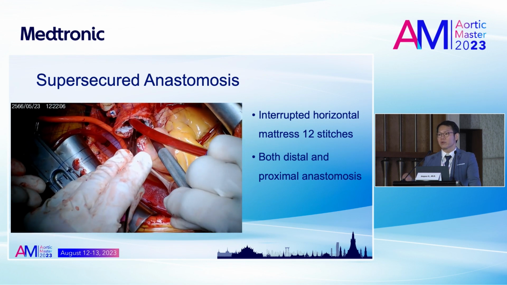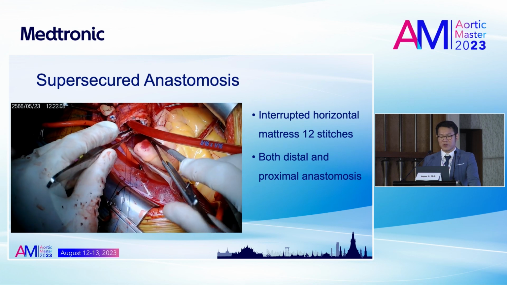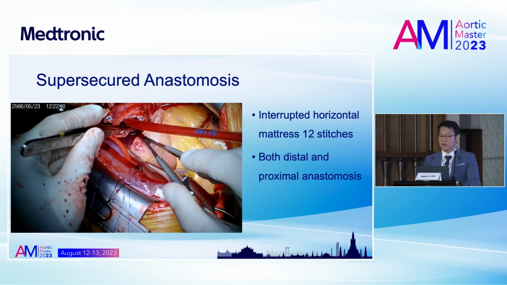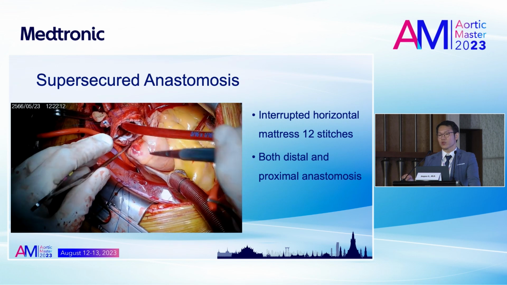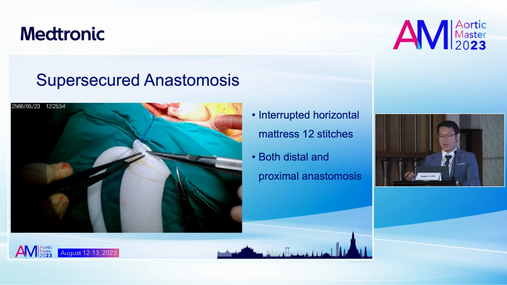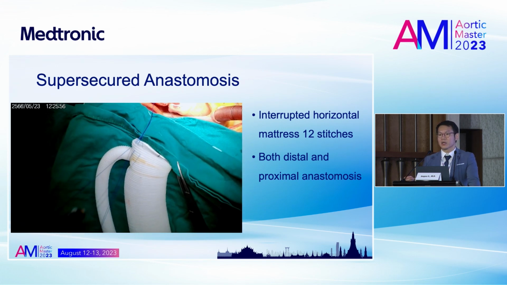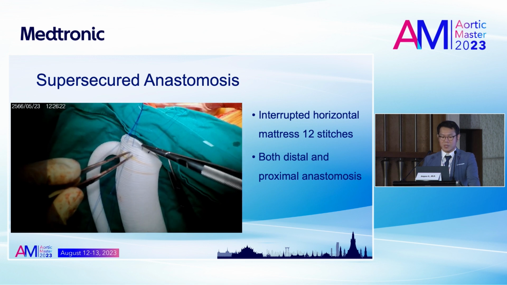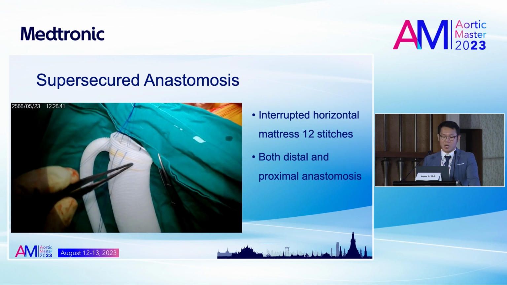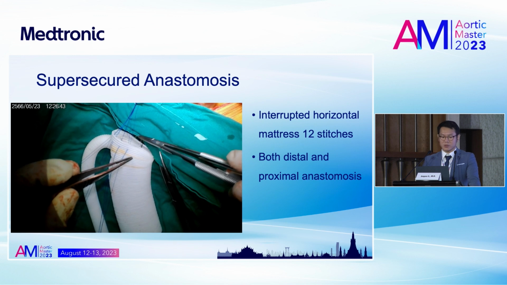So normally we use around 12 stitches of the suture, and every stitch, normally we suture and overlap the previous pledget, and then make the anastomosis to the surgical graft that you want.